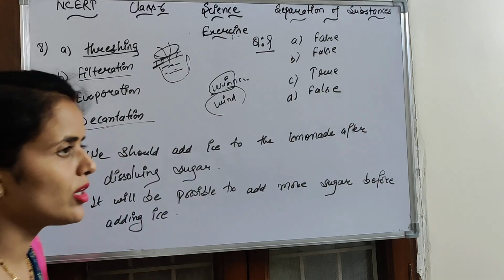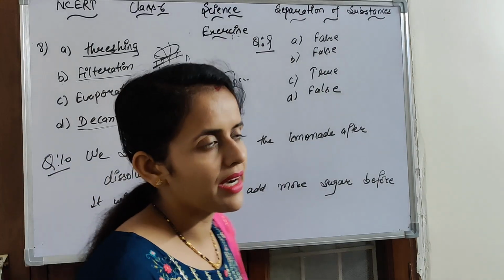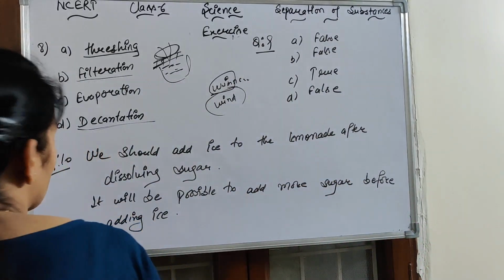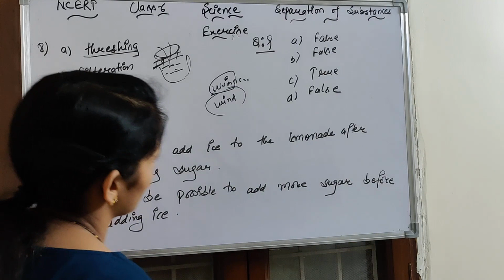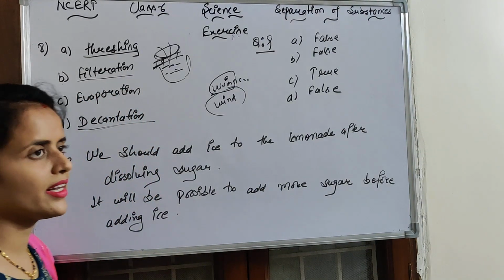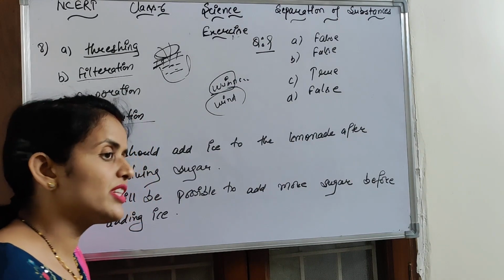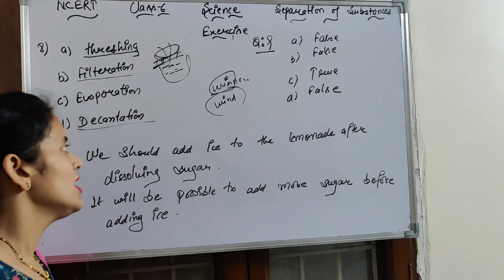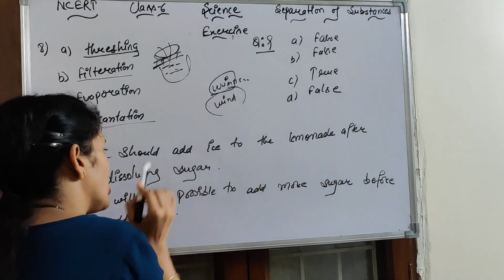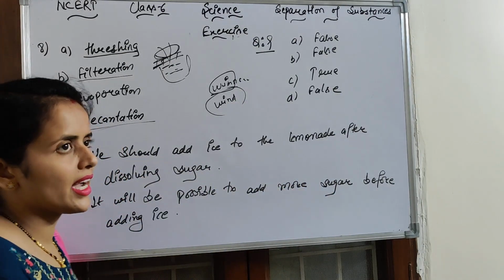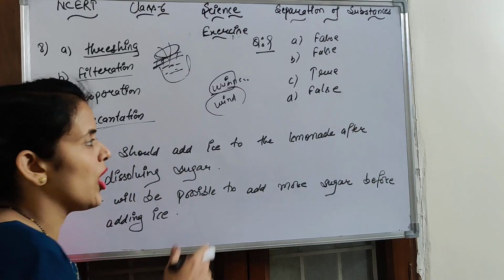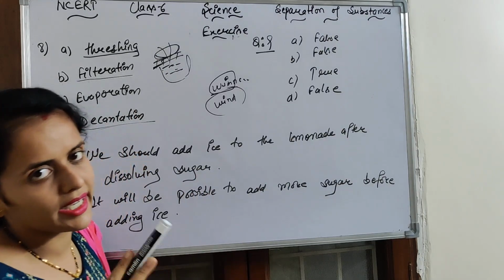That means we want to ask that we will make a lemonade and we want to add some ice. So when we add ice, before adding sugar or after adding the sugar? And if we add before, then how much sugar? And if we add after, then how much sugar? In which case is more sugar added? So we should add ice to the lemonade after dissolving sugar, because on heating solubility increases, on cooling solubility does not increase.